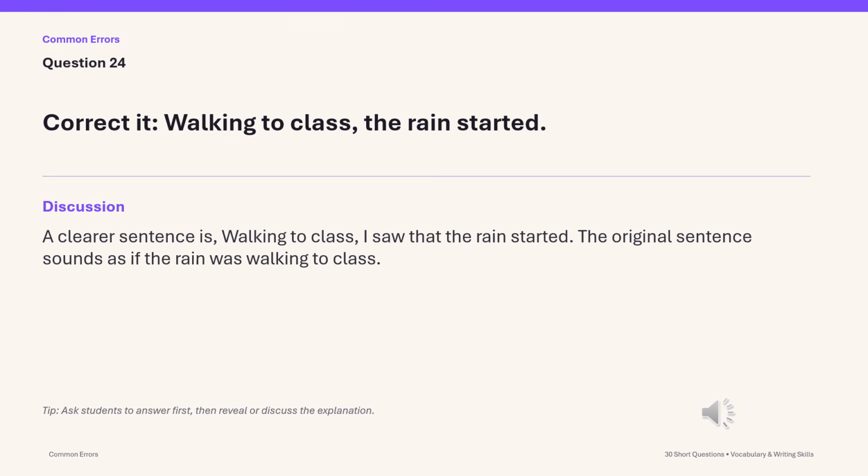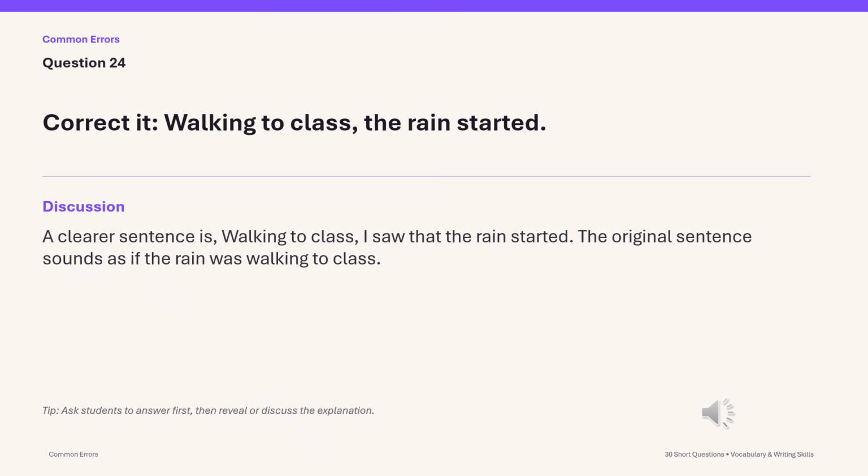Error correction: walking to class, the rain started. So the sentence is first of all incorrect because it sounds as if the rain was walking to the class. But we all know that rain cannot walk. So, in order to correct the sentence, we can write it as: walking to the class, comma, I saw that the rain started.